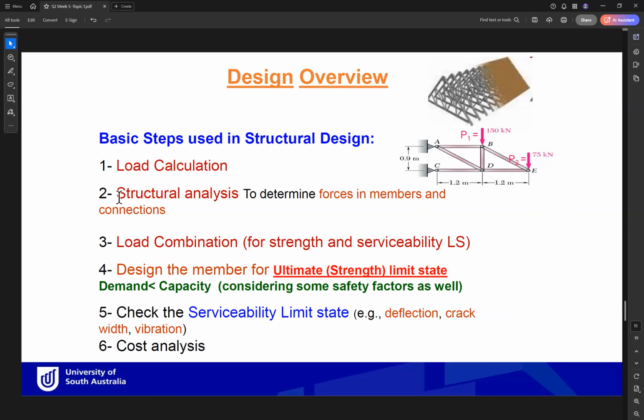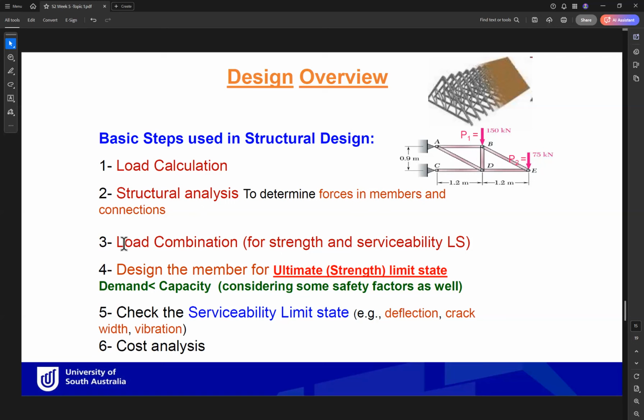The second step is to make a structural analysis to find the reactions and the forces in the members and connections. Find the reactions at A and C, for example. Find the forces in members AB, BE, BD, AD, and so on.